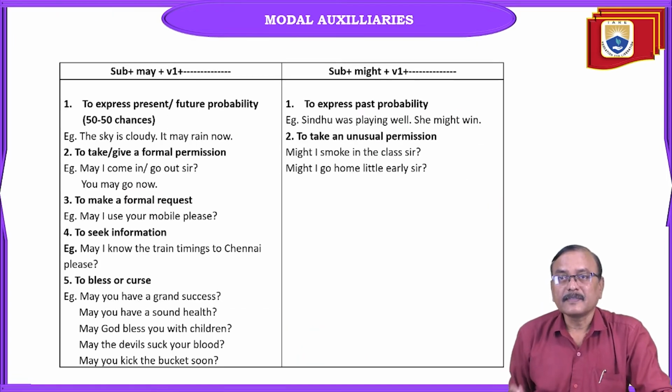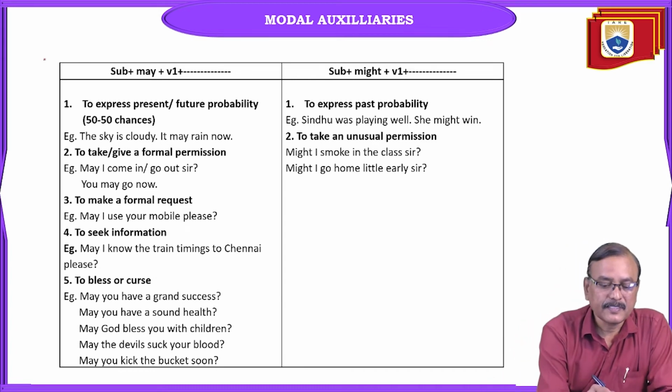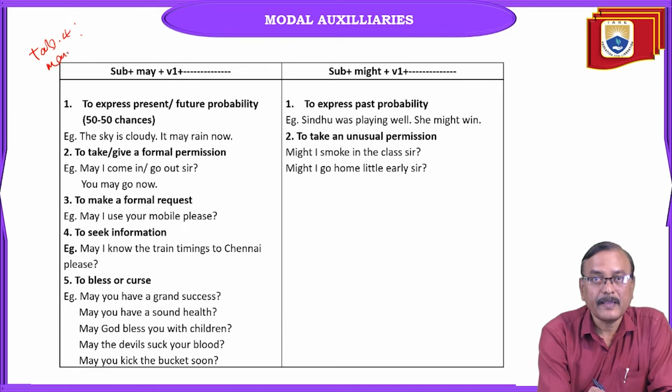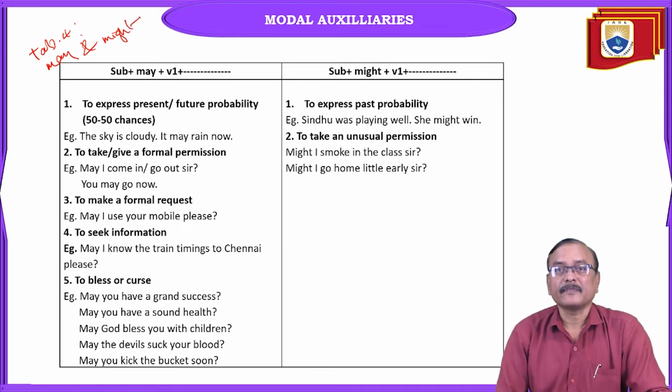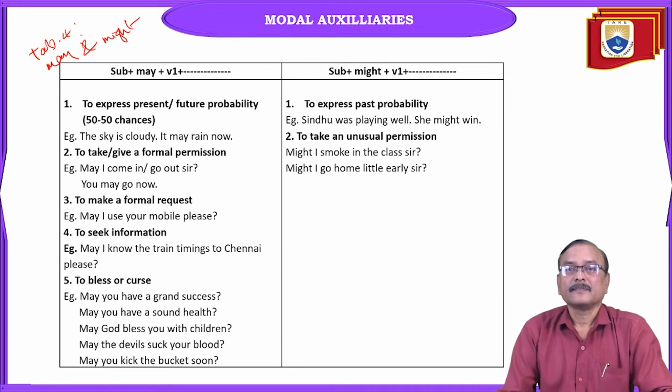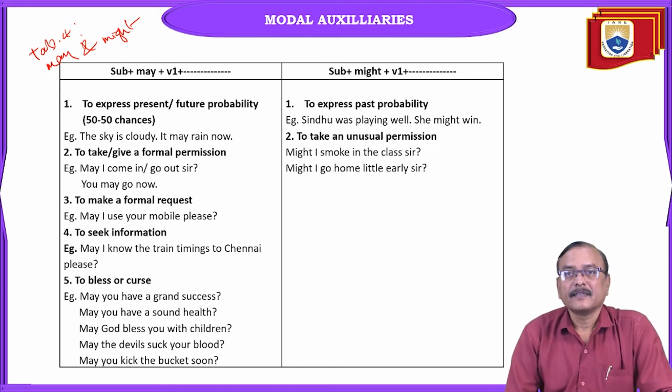Yeah. This is may plus V1 and might plus V1. So this is table 4. Table 4. This is here comparison between may and might. May and might. Table 4. Okay. See this.